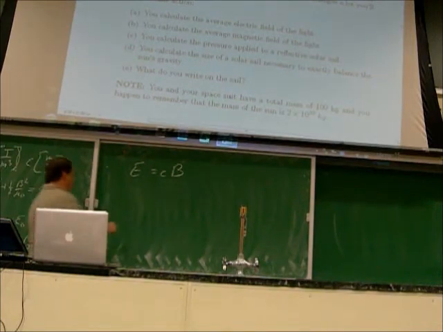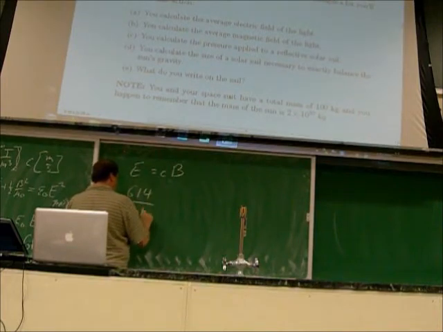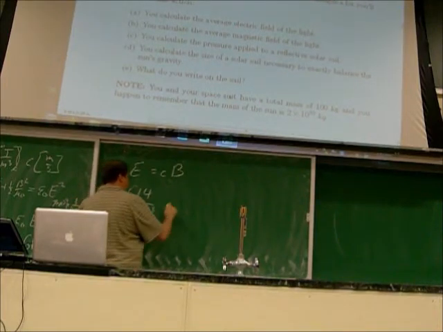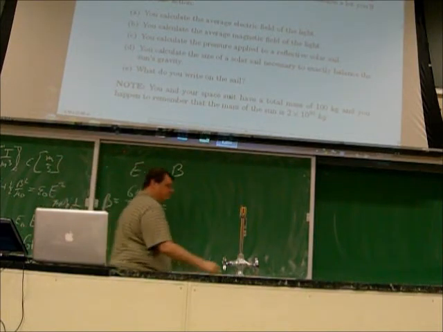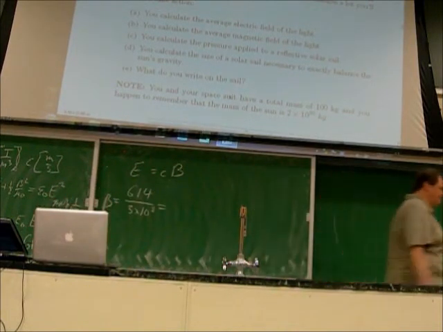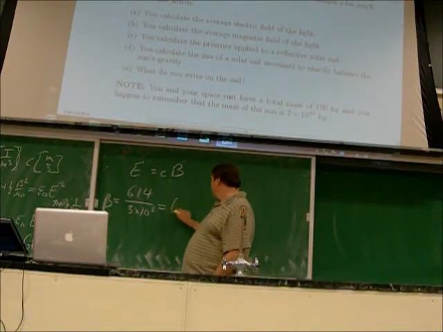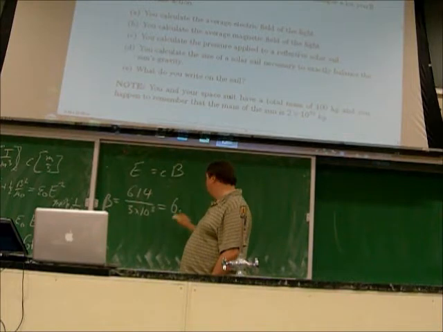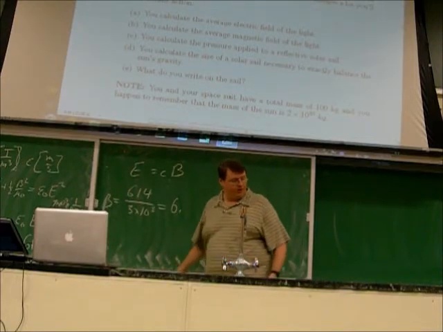And so I'll take my 614 over 3 times 10 to the 8. And we'll get a very small number for the magnetic field, which is 2.05 times 10 to the minus 6.